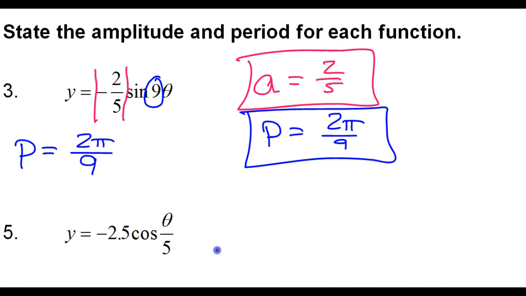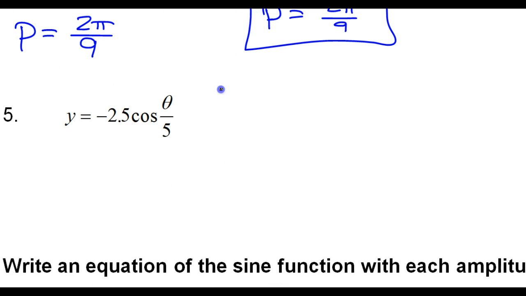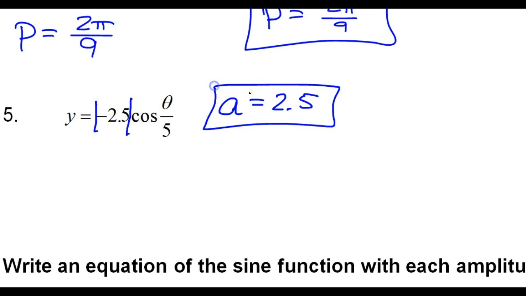Okay, look at number 5. The amplitude is going to be the absolute value of this. So the amplitude is 2.5. The period. See how I have theta over 5? Think of this as 1/5, because that's the b value.